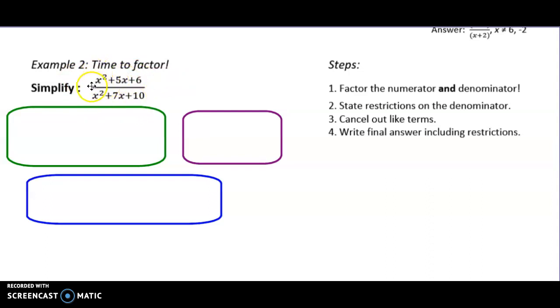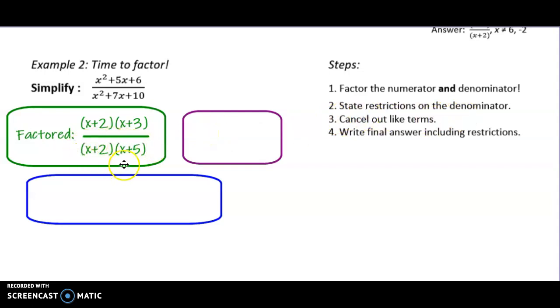Because they both have a 1 in front of the x squared, it's just a simple trinomial. So we just need what multiplies to give me 6 that adds to give me 5, and what multiplies to give me 10 that adds to give me 7. When I do that, I end up with x plus 2 times x plus 3 and x plus 2 times x plus 5. Before I start canceling out, I need to state my restrictions on the denominator again.